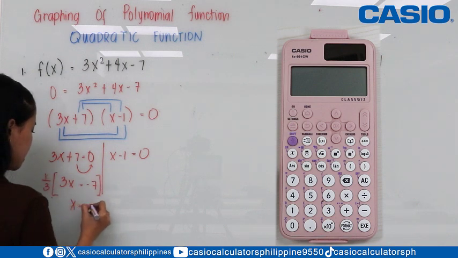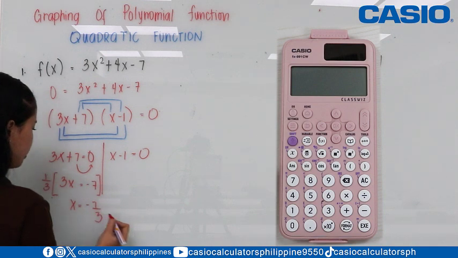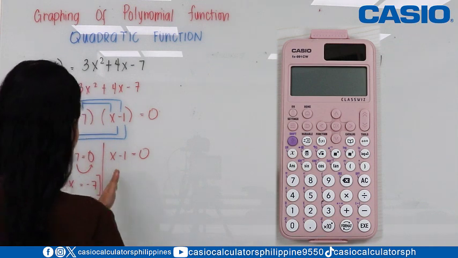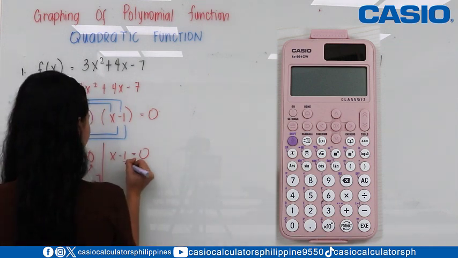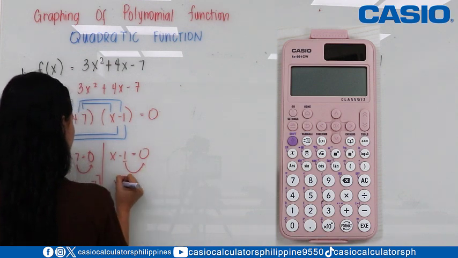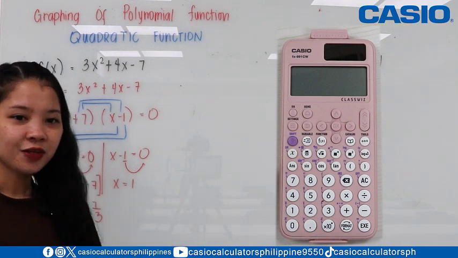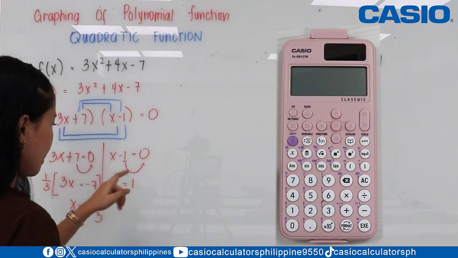So the answer will be x is equal to negative 7/3. And for the second factor, x minus 1 is equal to 0. If we transpose negative 1 to the right side, it will be positive. Therefore, our values for x will be negative 7/3 and 1.